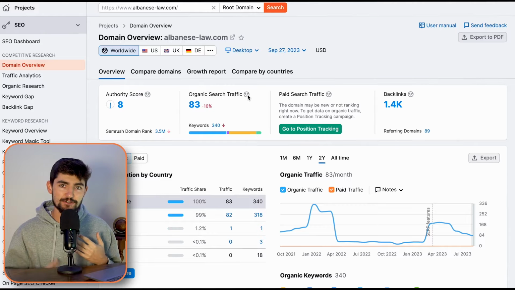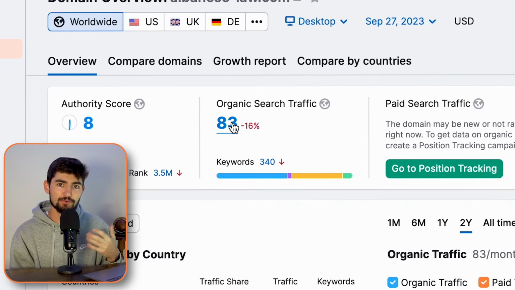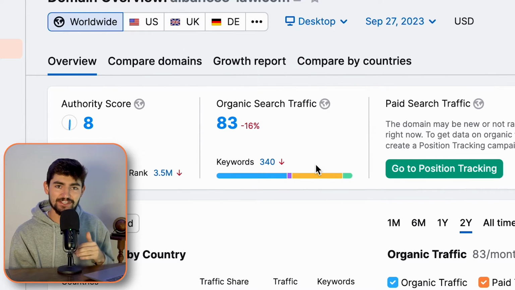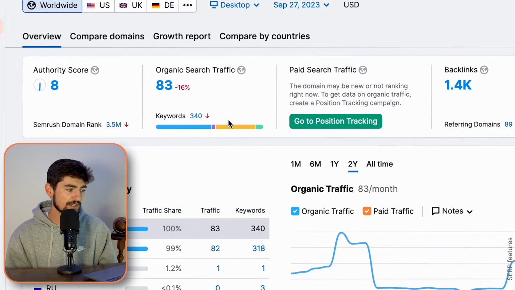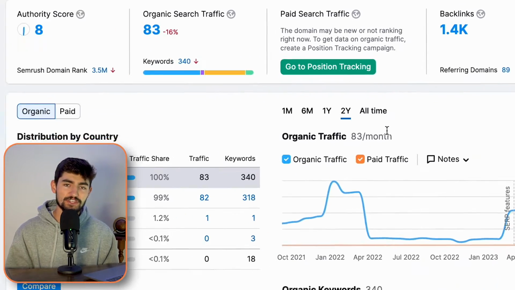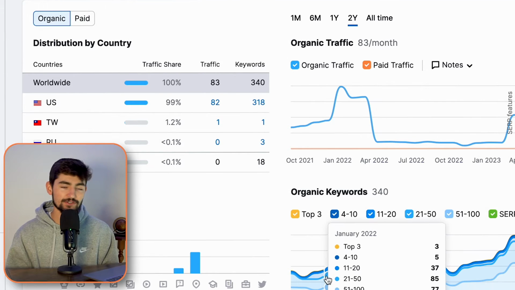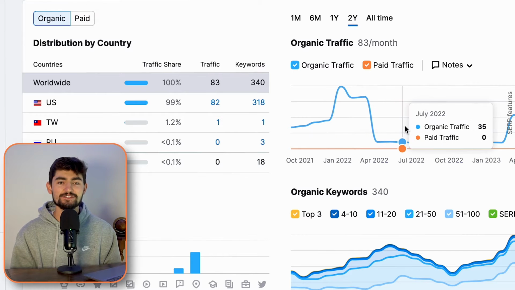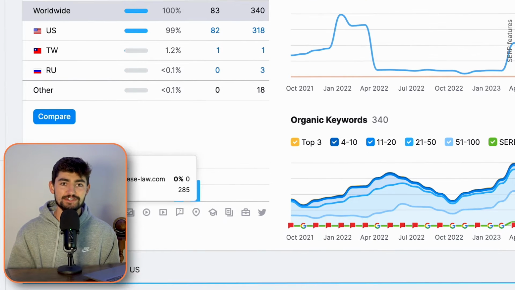Now you're going to see here in this chart, we can look at how many organic searches a company's website is getting over the course of the past couple of years, and we can determine if that number is increasing, if it's decreasing, or if it's stagnant. We can also look at a host of other numbers like the amount of backlinks that they have and where the keywords are coming from. And you could also see where the searchers are coming from, what countries they are based in.